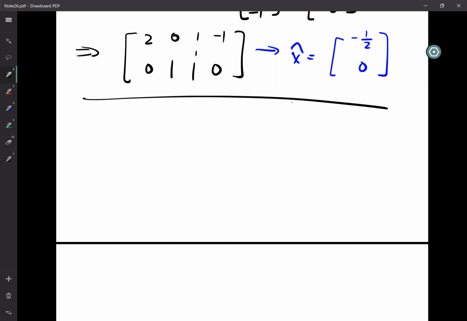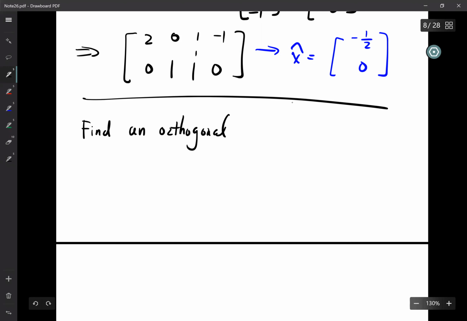But now we see that if you have an orthogonal basis, it really makes a lot of calculations easier. So what I now want is not only to find a basis, but actually to find an orthogonal basis of some subspace.